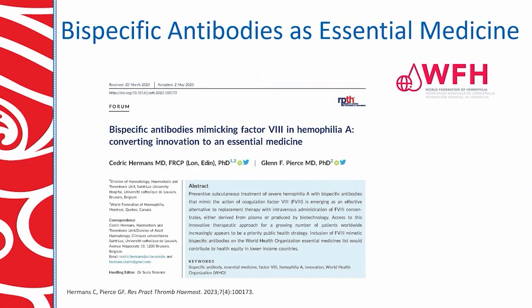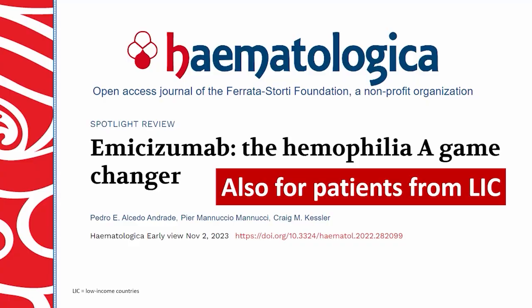There are also colleagues like Cedric, among us today, who advocate that these new therapies should be put on the list of essential medicines of the World Health Organization.